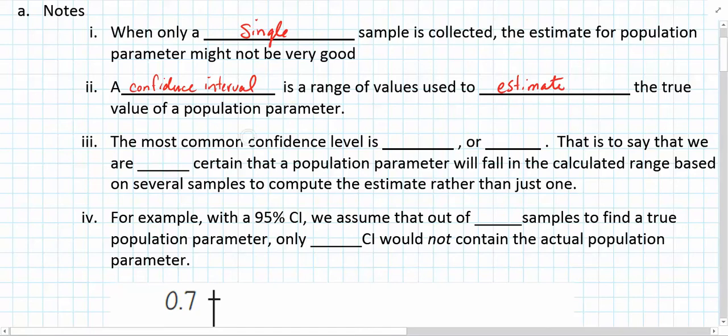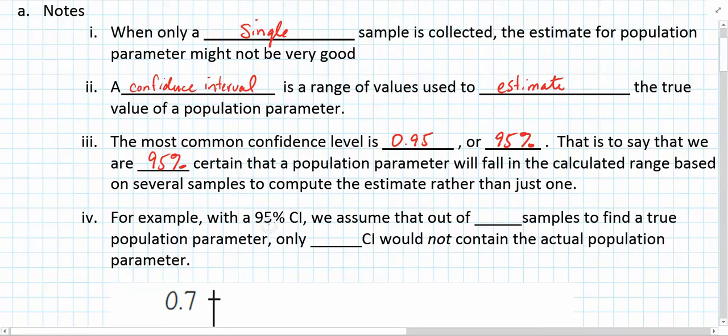Now, the most common confidence level that we use in this class is 0.95, or 95% confidence. And that is to say that we are 95% certain that a particular population's parameter will fall in the calculated range based on several examples used to compute the estimate, rather than just one.